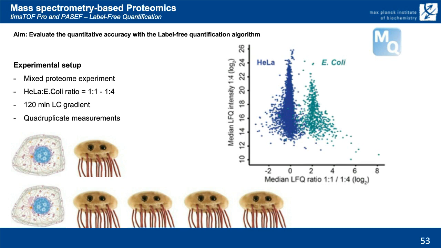In total we identified here, on 200 nanograms of input material, more than 5,200 HeLa proteins and more than 1,200 E. coli proteins, and both species separate in the estimated ratio of 1:4, and they also separate in very nice, accurate protein clouds.